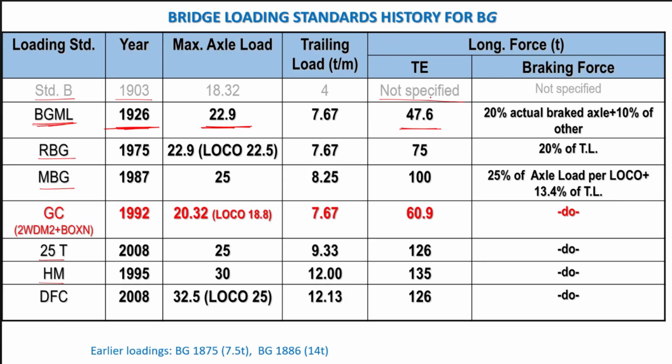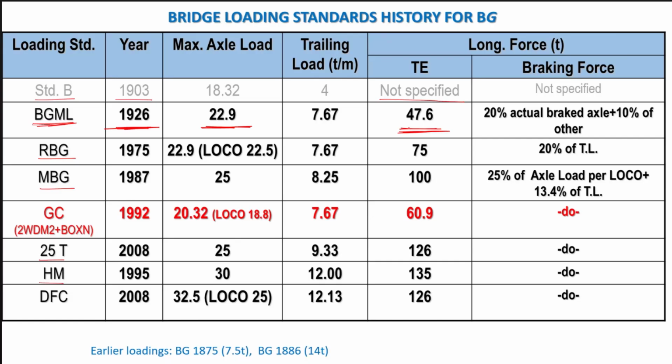Tractive force is a longitudinal force which comes from our locomotives during acceleration and retardation and is transferred to the substructure. So, for the first time in BGML it was introduced as 47.6, and braking force is a percentage of our tractive force.